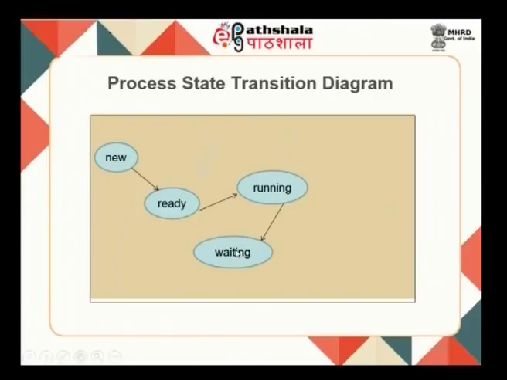And this process which was in the waiting state, once it finishes its job, say the output printing to the output device gets over, then the process will move back to the ready state and again wait here to get the CPU back. And suppose while a process is running, its time duration gets over.